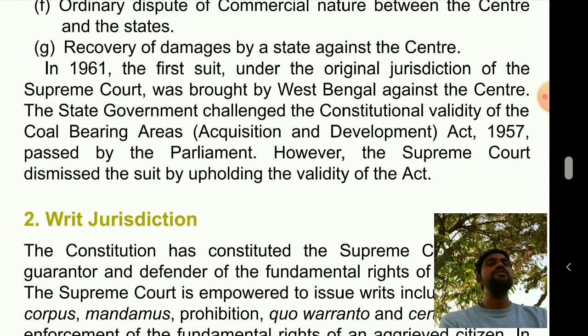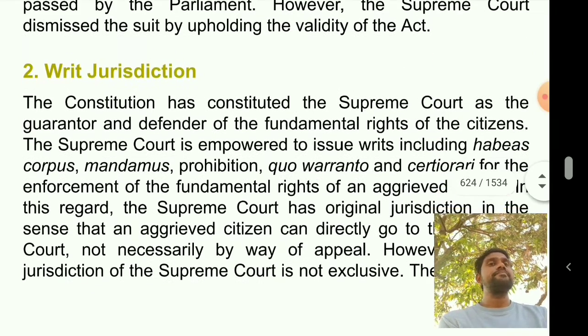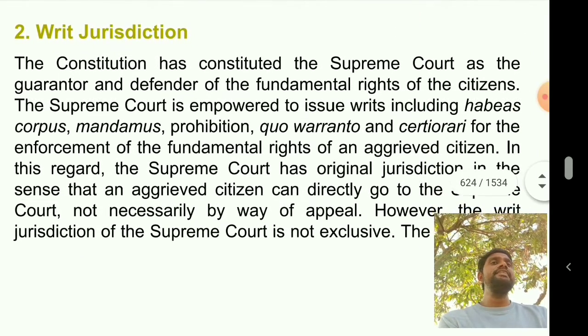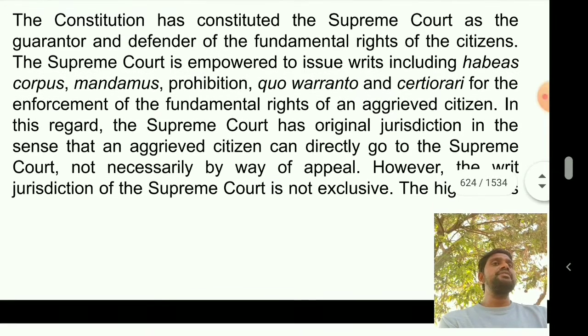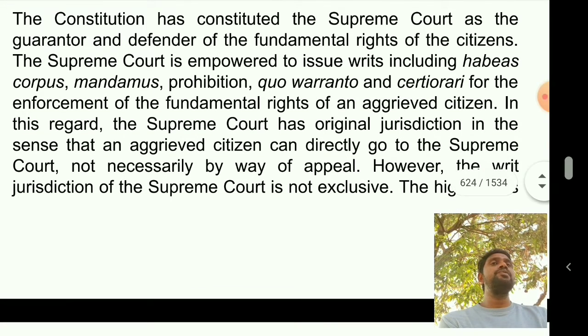However, the Supreme Court dismissed the suit by upholding the validity of the Act. Second is writ jurisdiction. The Constitution has constituted the Supreme Court as the guarantor and defender of the fundamental rights of the citizens.